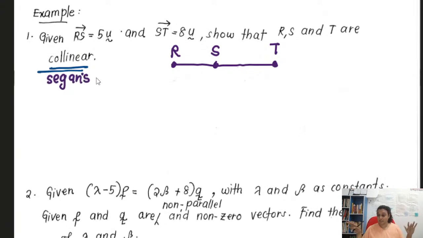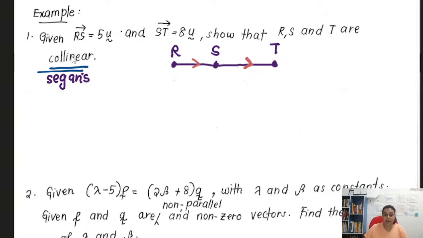That means it's all on the same line. Yes, correct, Kitana. It's connecting. So when the points are on the same line, you can actually prove that RS is parallel to ST. Kita boleh buktikan.